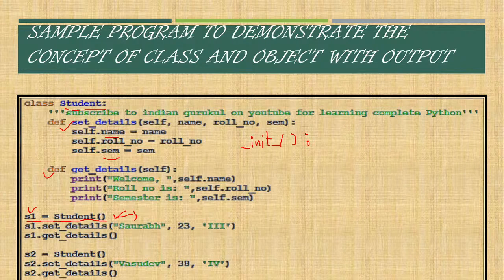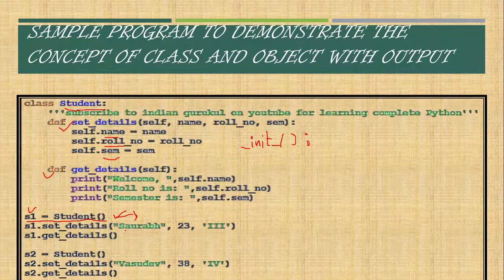But now we know that each student will have some features, and those features will be represented in the form of attributes over here. The attributes of a student are the name, roll number, and the semester. For this, I will need to call this set details method explicitly.